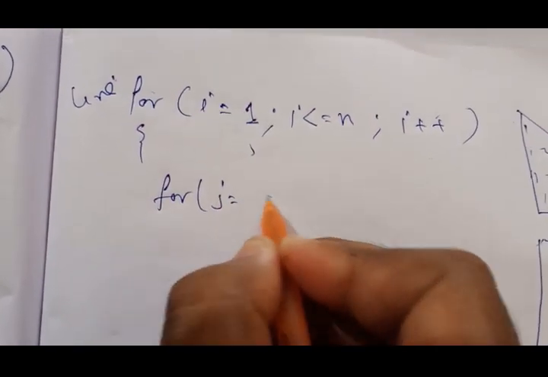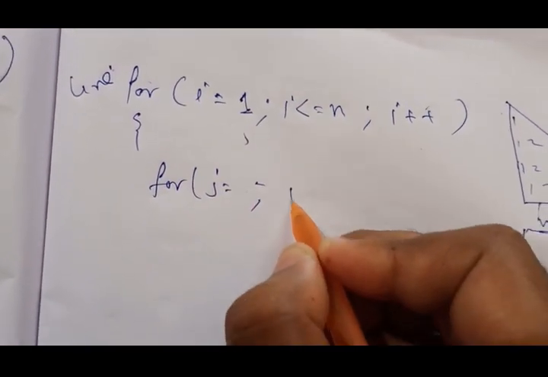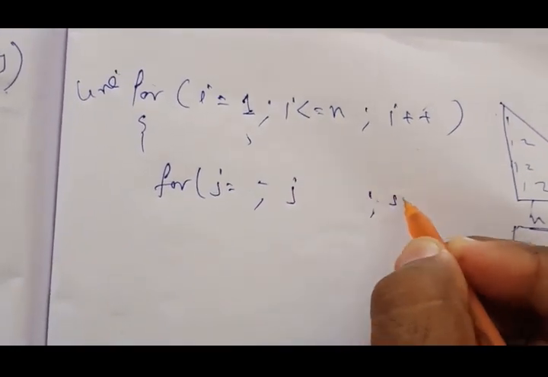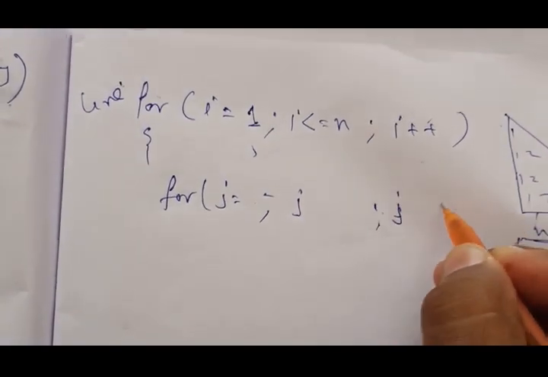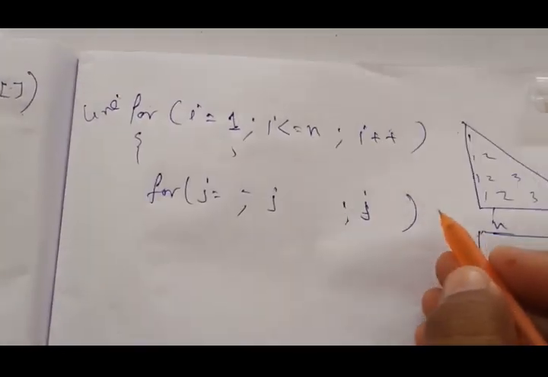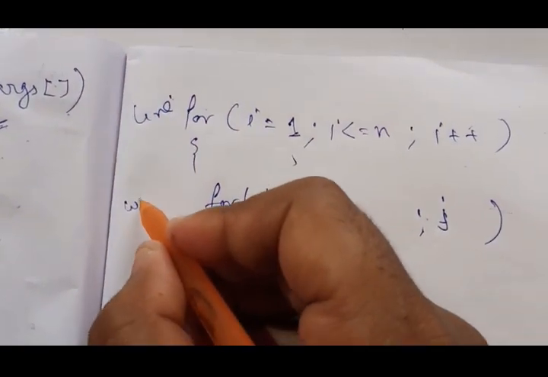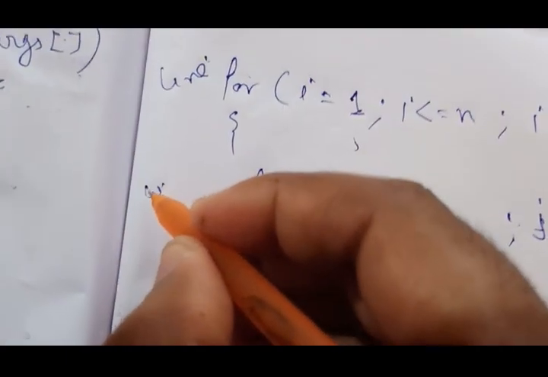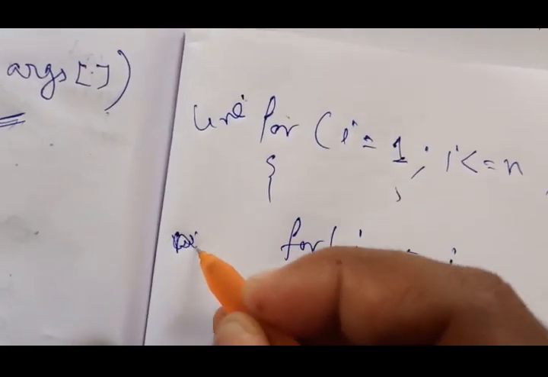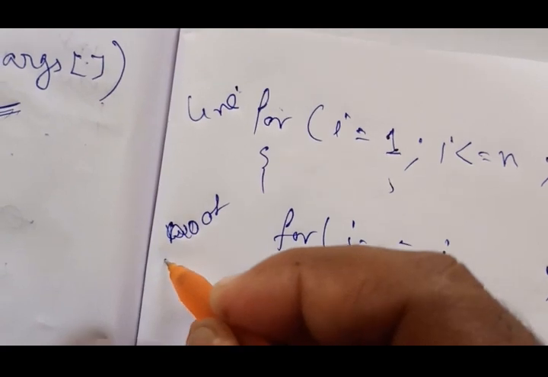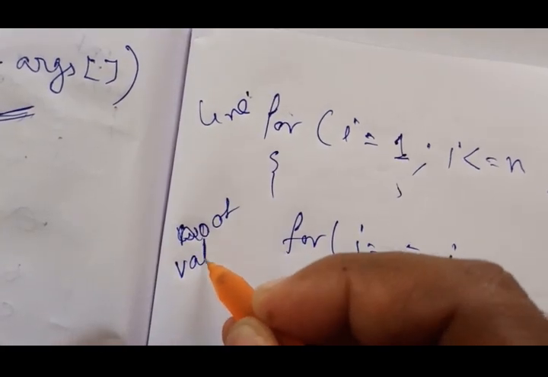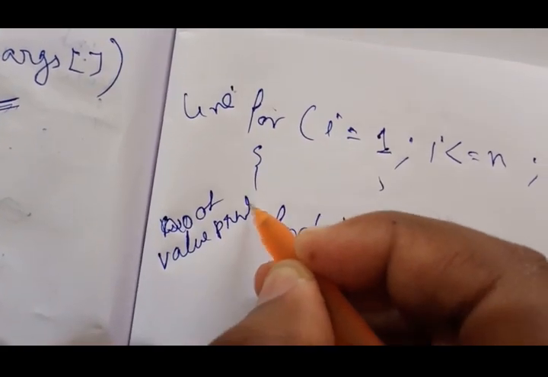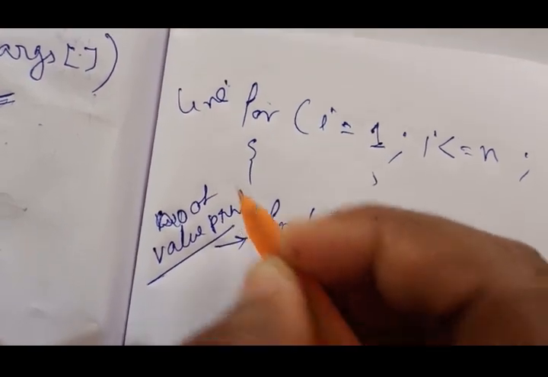Now again, for j is equal to a condition value, j condition, j either plus plus or minus minus. This is for how many times I print, the number of values. This one is the second for, this one is the first for.